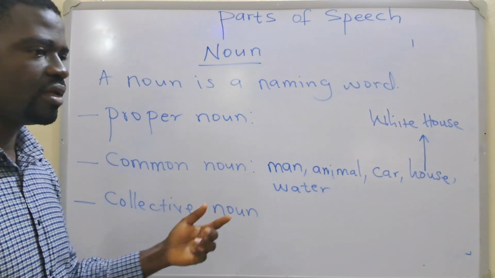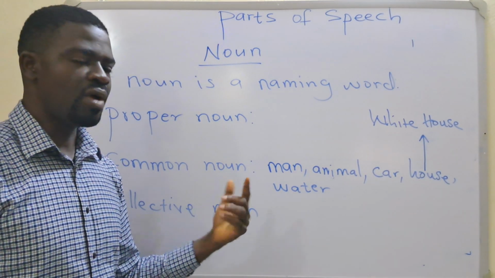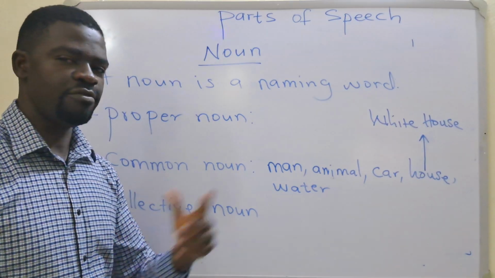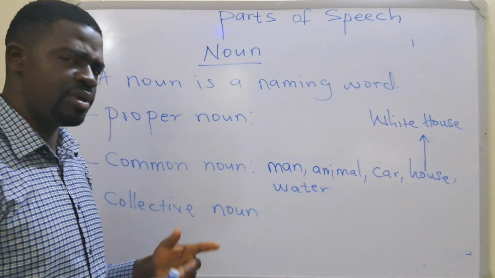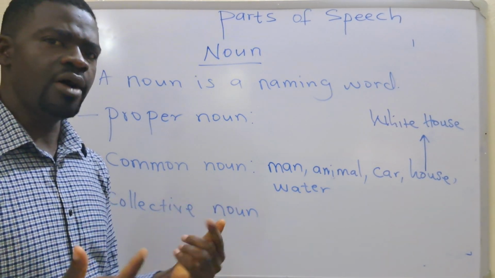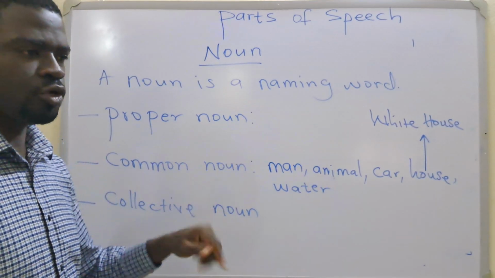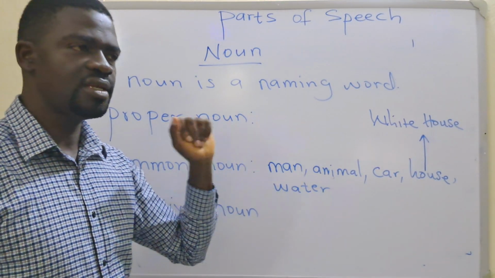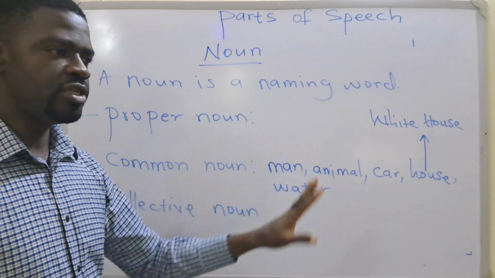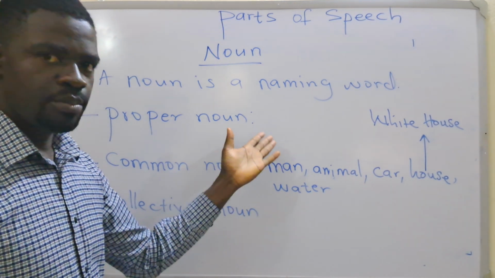So you can call it Ragolis water or Aquafina water and all of that. So it becomes a proper noun because it's a particular brand. So you have names of companies, names of organizations as proper nouns.